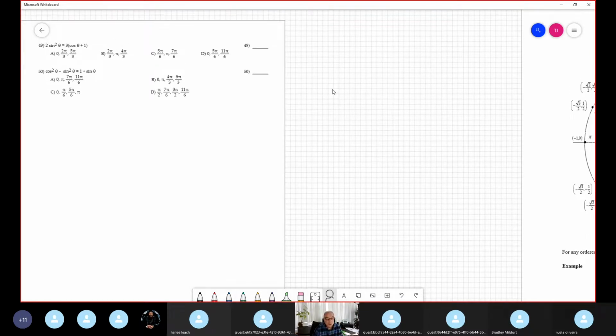So you need to use identities. 2 sine squared theta is equal to 3 cosine theta plus 1.